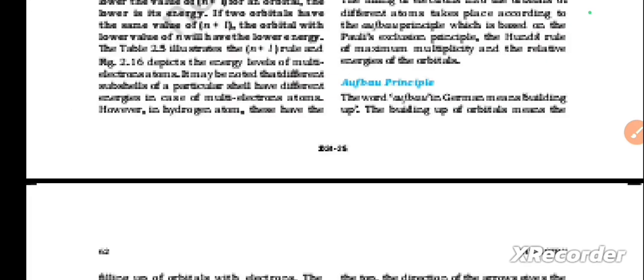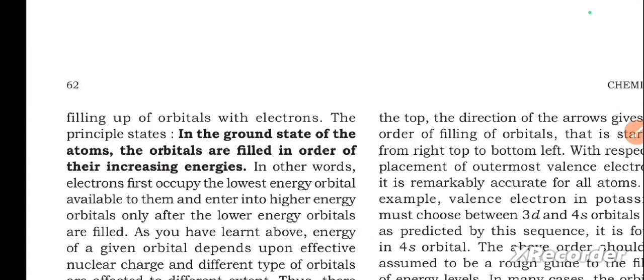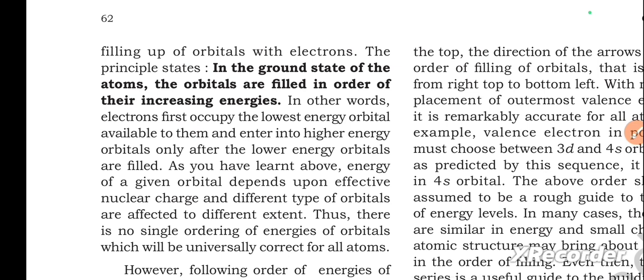The building up of orbitals means the filling up of orbitals with electrons. The principle states that in the ground state of the atoms, the orbitals are filled in the order of their increasing energies. In other words, electrons first occupy the lowest energy orbital available to them and enter into higher energy orbitals only after the lower energy orbitals are filled.